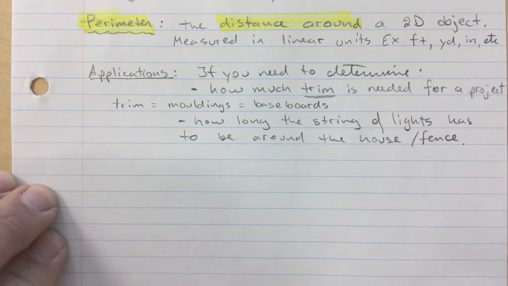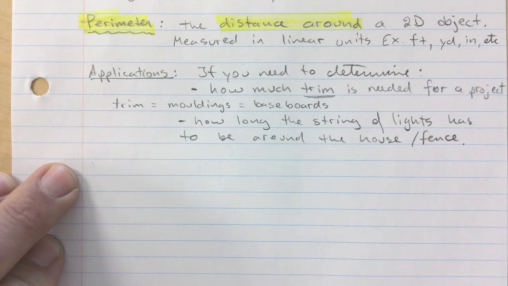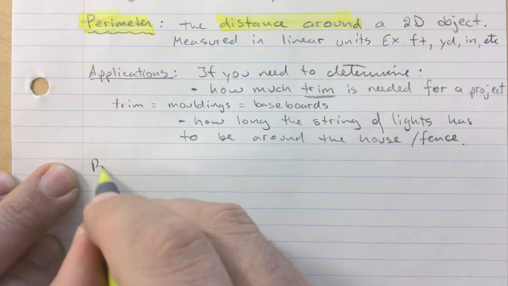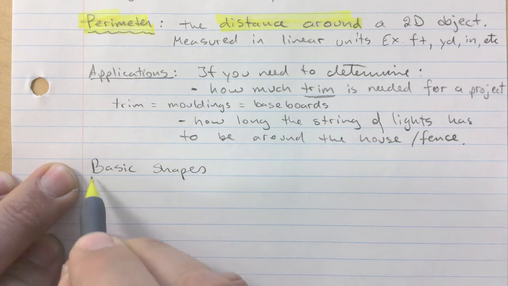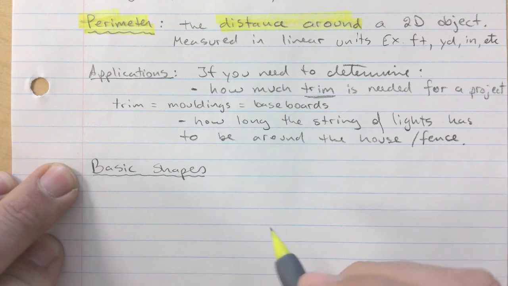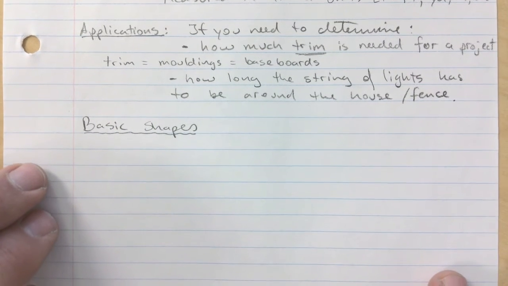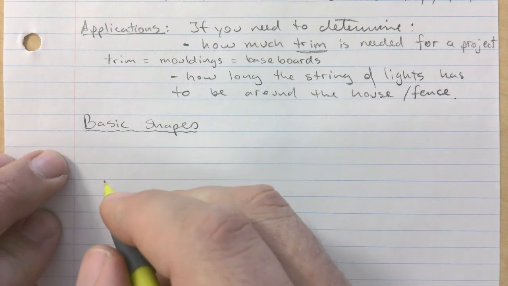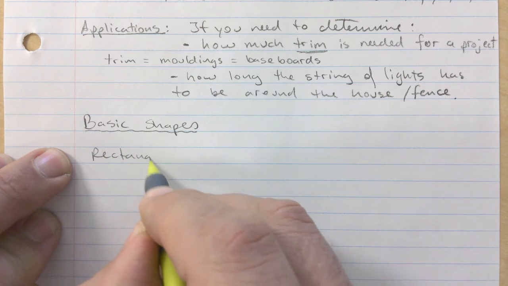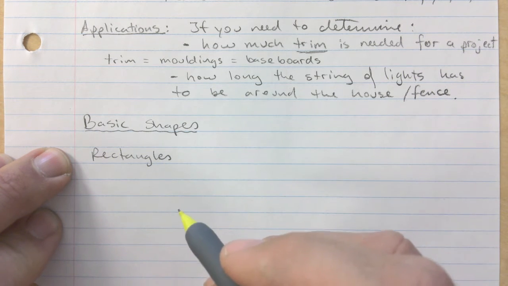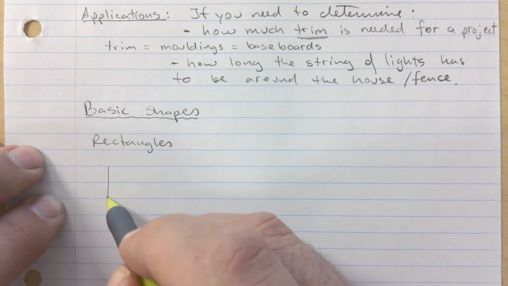Okay, now we're gonna go over basic shapes. These are gonna come back in grade 11 and in grade 12, so I stick with these. Okay, rectangles. I think you all know what a rectangle looks like, hopefully.